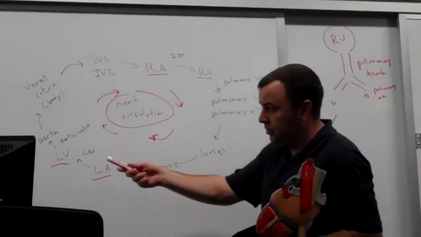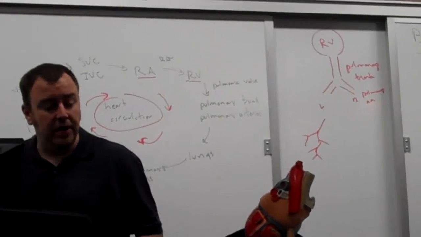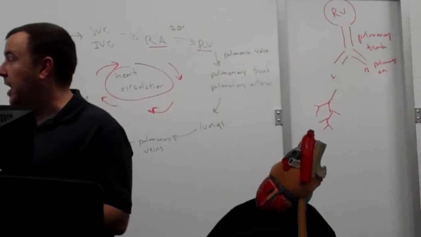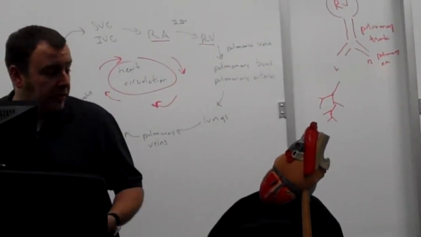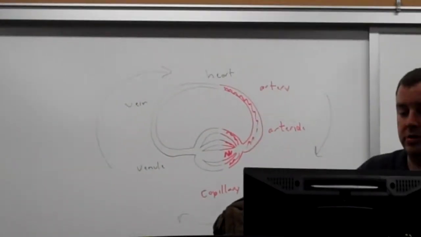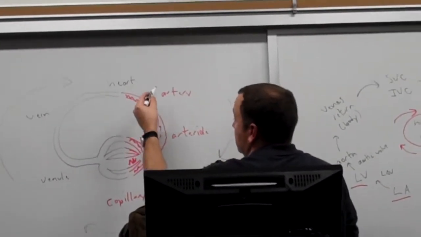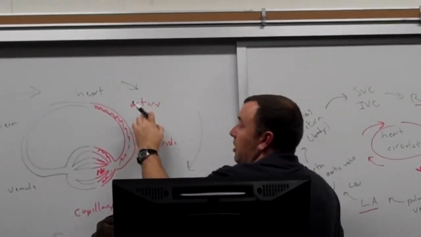The one thing I was alluding to a second ago that maybe I should have started with first is the general circulation of blood through the body. Remember, blood leaves the heart going out to the body through arteries. Arteries are always flowing away from the heart. So blood flowing away from the heart is always an artery.